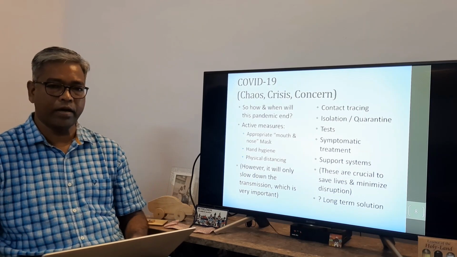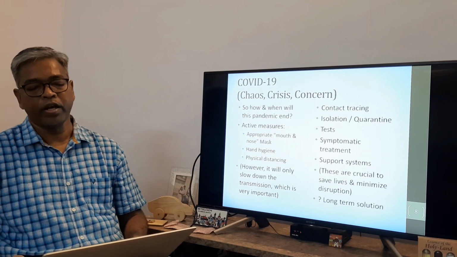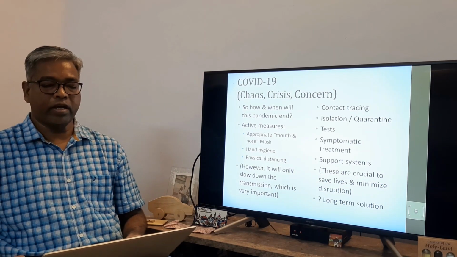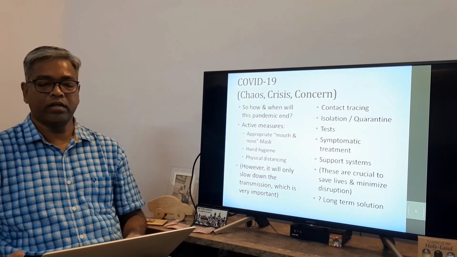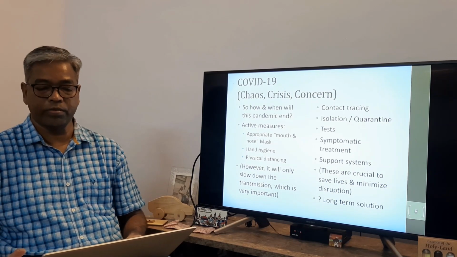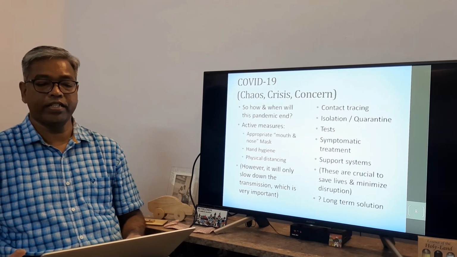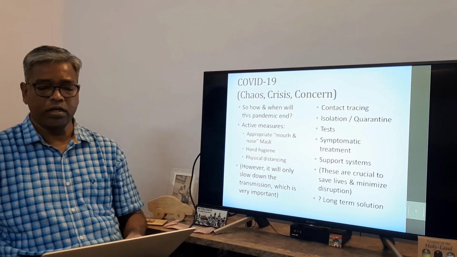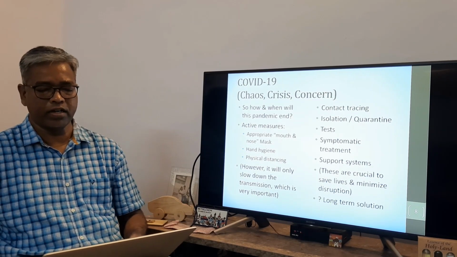We'll come back to this herd immunity later in my talk. But contact tracing was important. Isolation and quarantine of the affected person, asymptomatic or symptomatic, is very important. Someone who is already affected because of exposure may not be symptomatic, and has to be isolated.